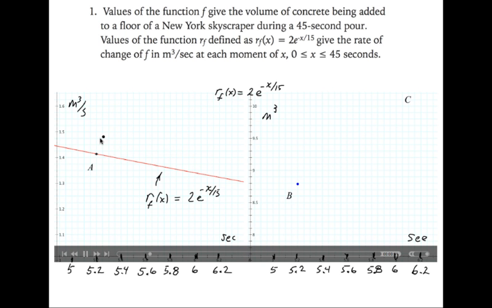Okay, A is 5.2, comma, R sub f of 5.2. 2 points. B is 5.2, comma, f of 5.2. 2 points. So that one's worth 4.